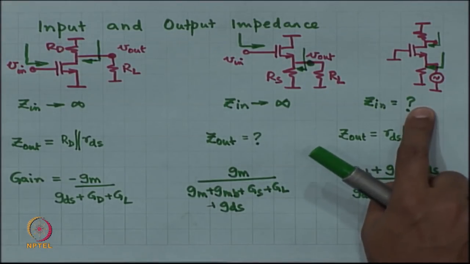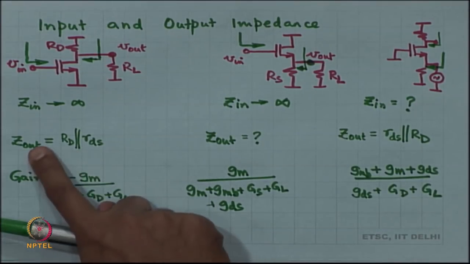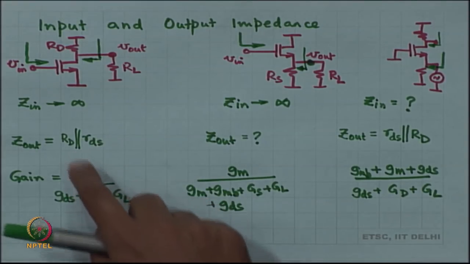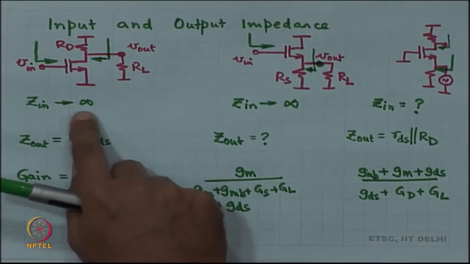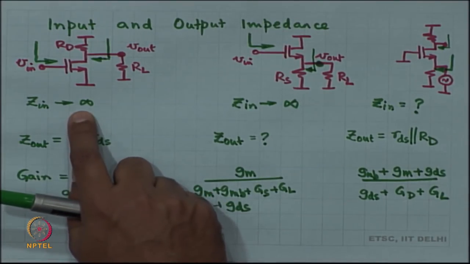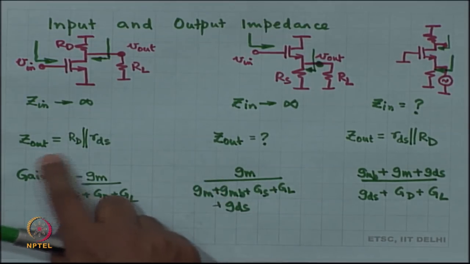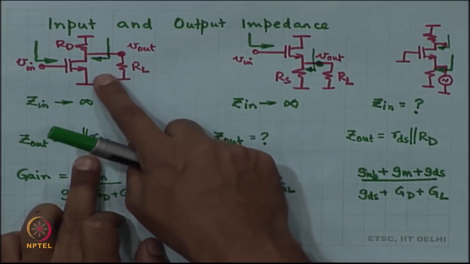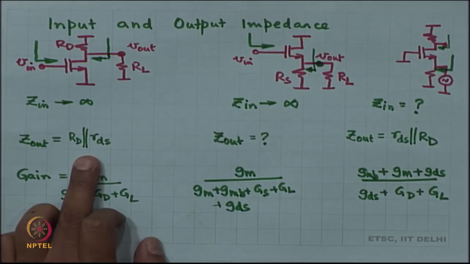Here I do not know as yet. Then here Z out is R D parallel R S, that can tell you what is going to be the voltage gain, right. So, any source impedance over here, that will give you the available power, input available power, and then Z out will tell you for maximum power transfer from this circuit what should be R L, maybe, right.